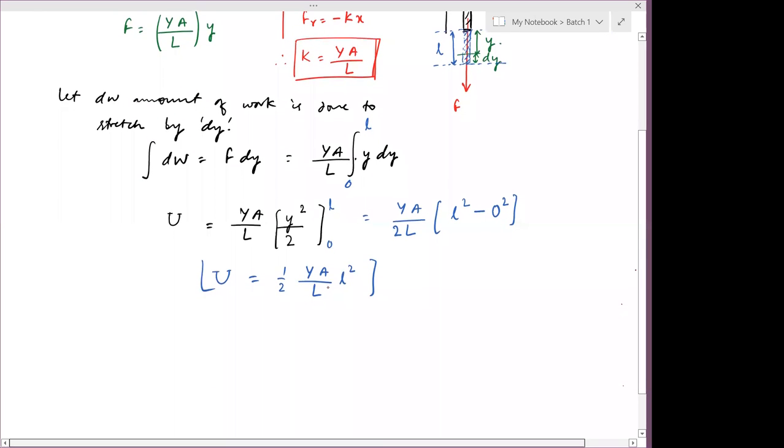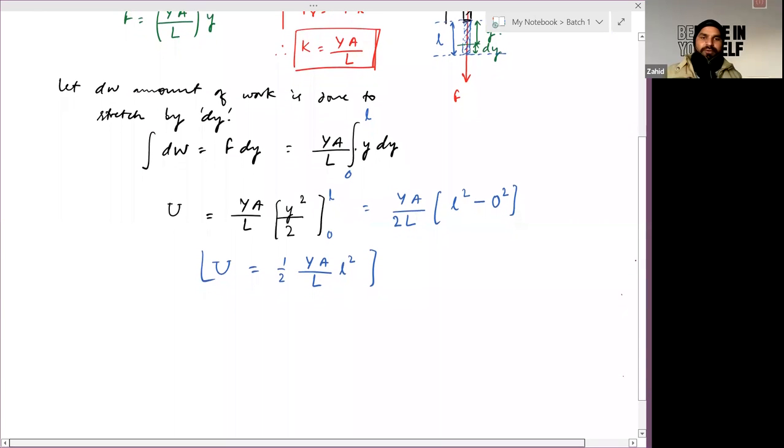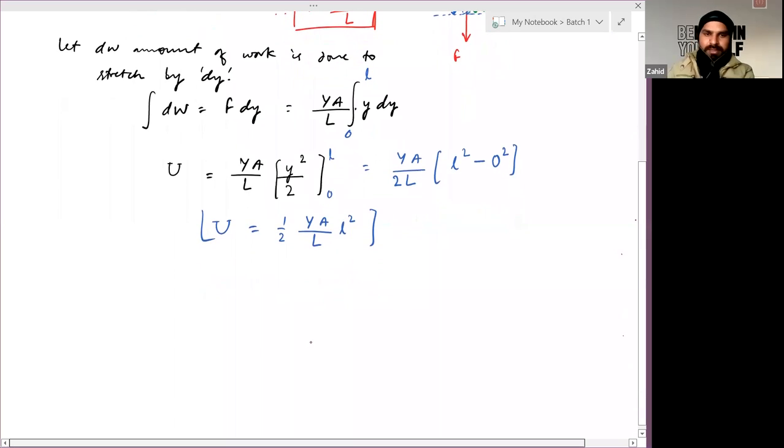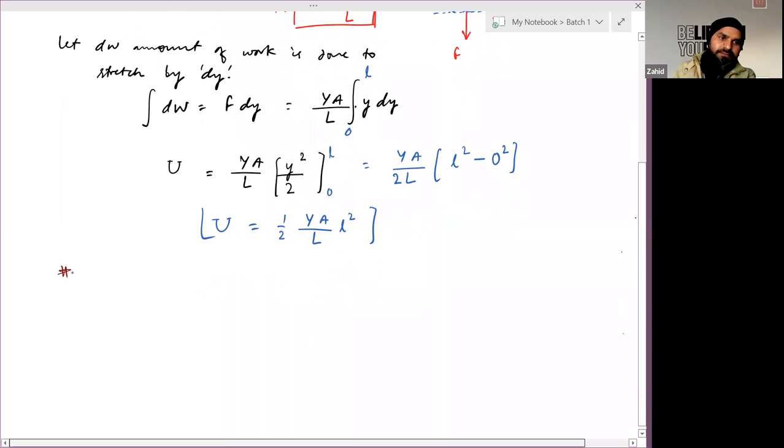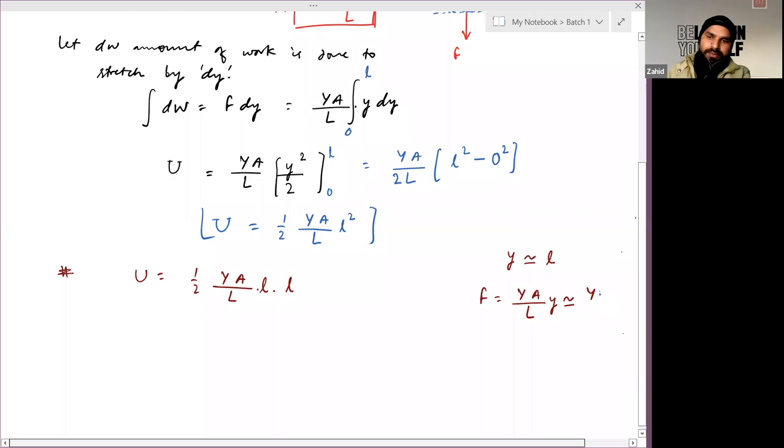Now, we have to transform this particular relation in terms of force and extension only. So let me define it. Potential energy equals half YA divided by L times L times L. Since y is approximately equal to L, we can write force equals YA divided by L times y, equivalent to YA by L times small l.